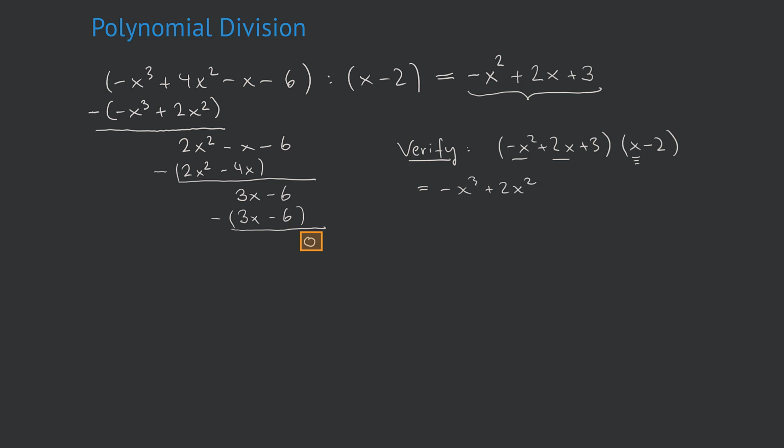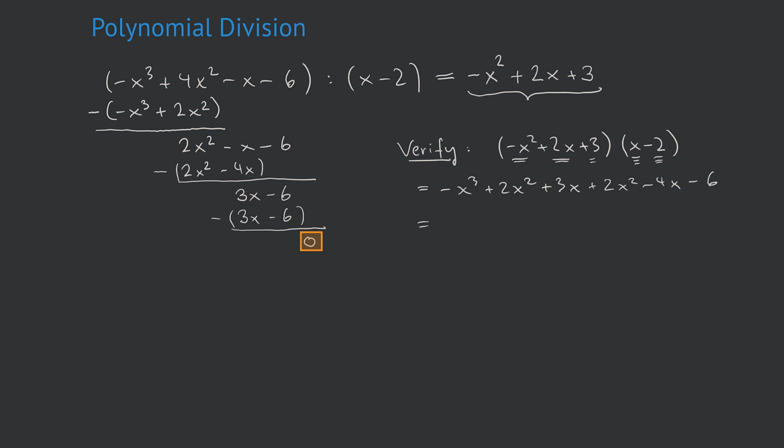And x times 3 is plus 3x. Now, negative 2 times negative x squared is plus 2x squared. Negative 2 times plus 2x is minus 4x. And negative 2 times plus 3 is negative 6.